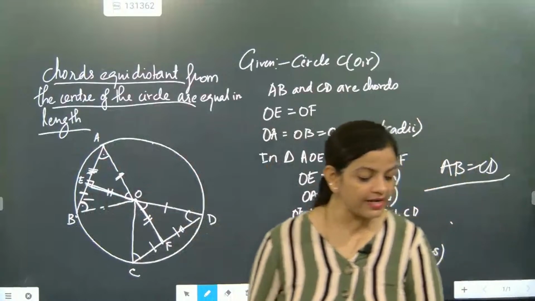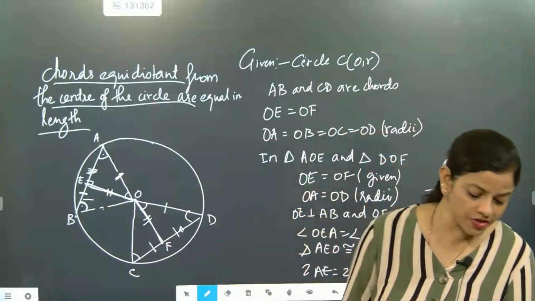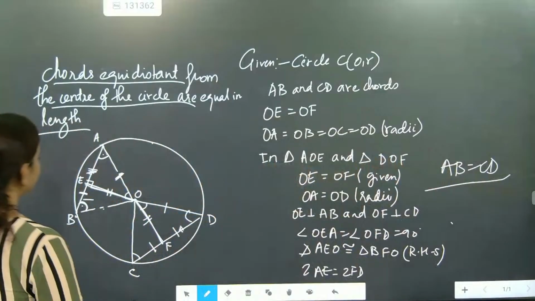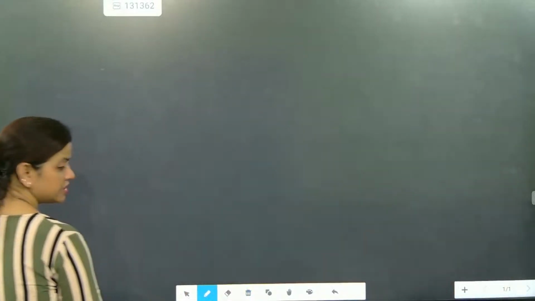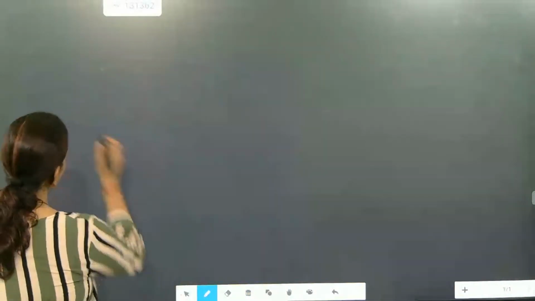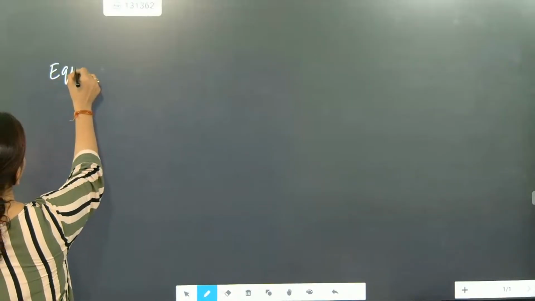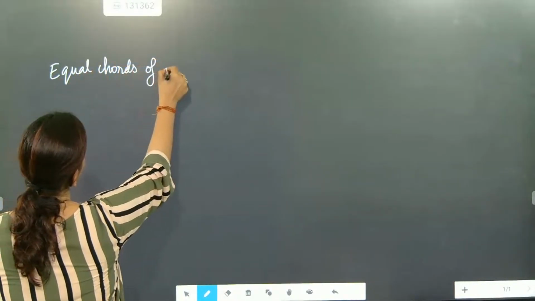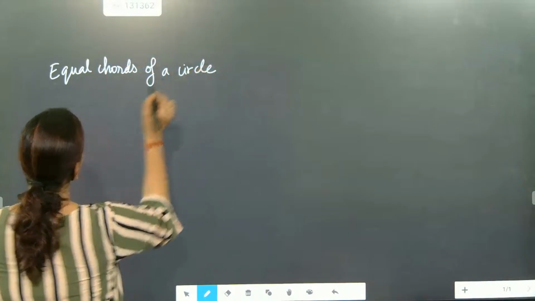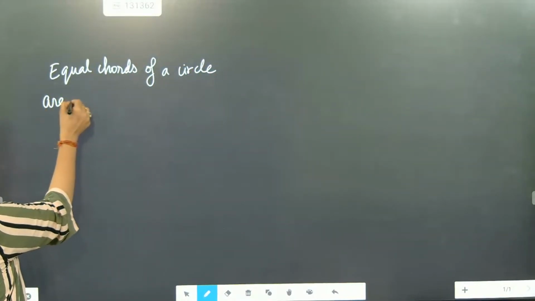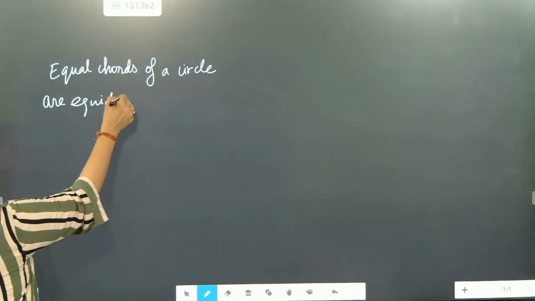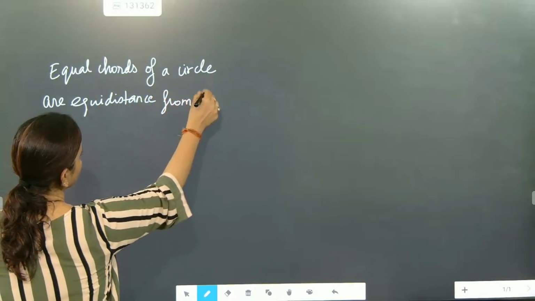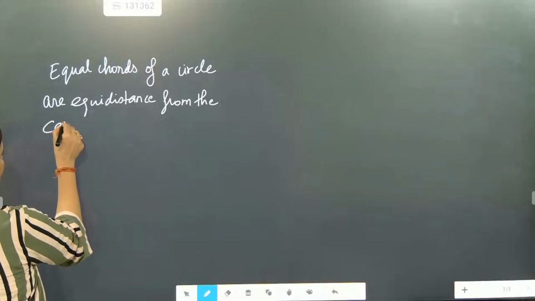Okay beta, right, next question. Equal chords of a circle are equidistant from the center. Our next proof is this one. Done, right Kanishk? Right, equal chords of a circle are equidistant, just reverse of it, equidistant from the center.